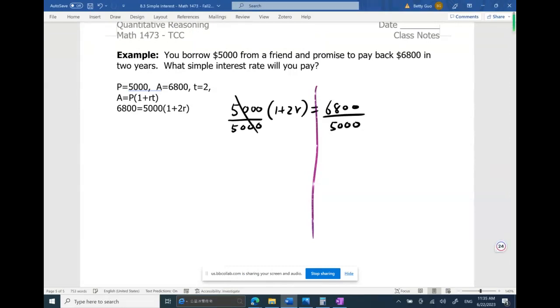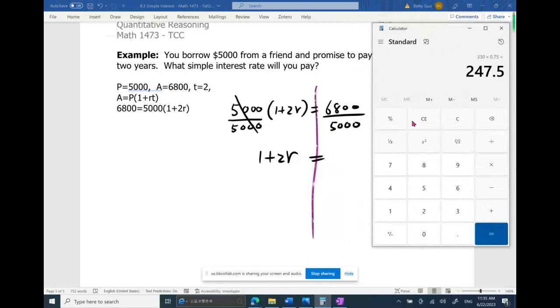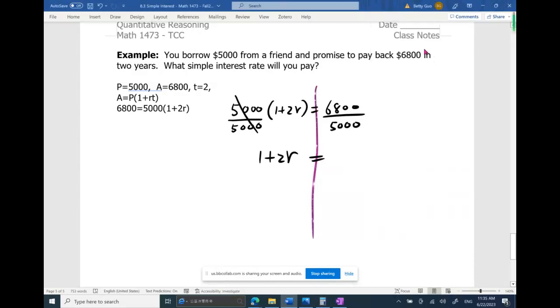We divide each side by 5,000. And we have 1 plus 2r equals 6,800 over 5,000. Let's see, 6,800 divided by 5,000 is 1.36. Right? And then we are going to peel the 1 off.